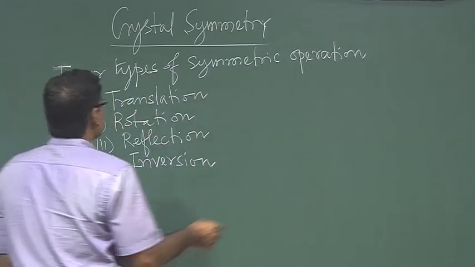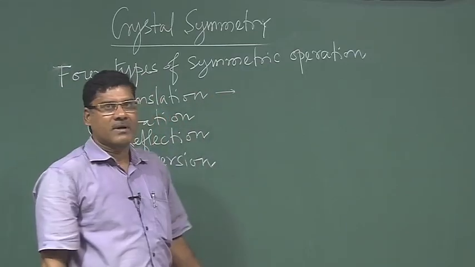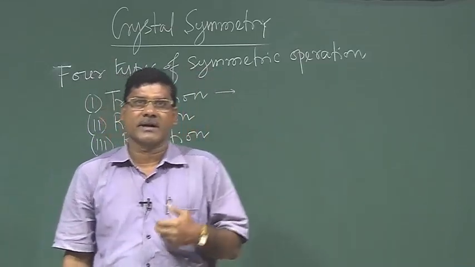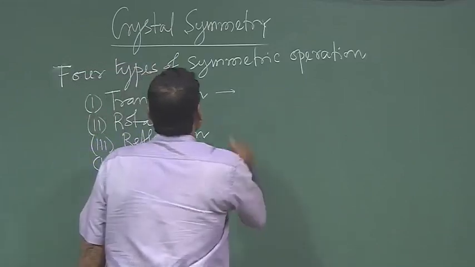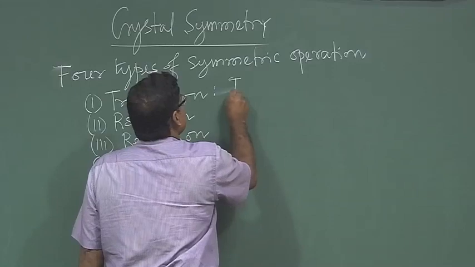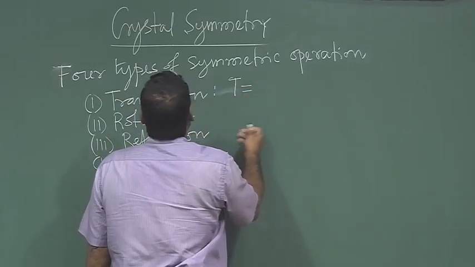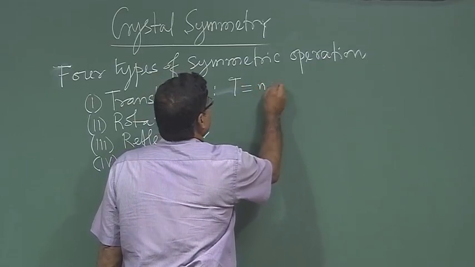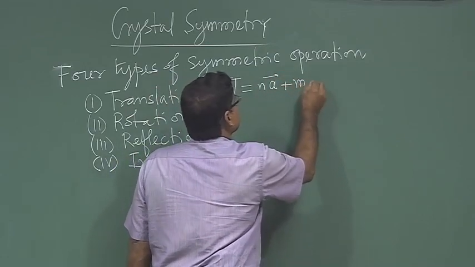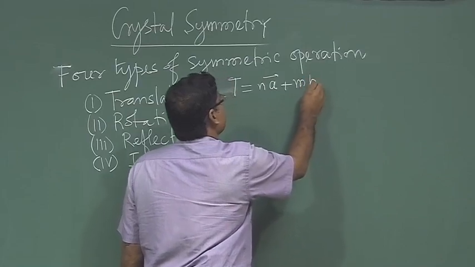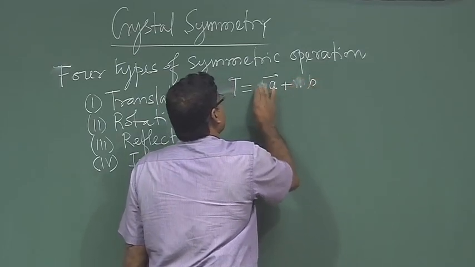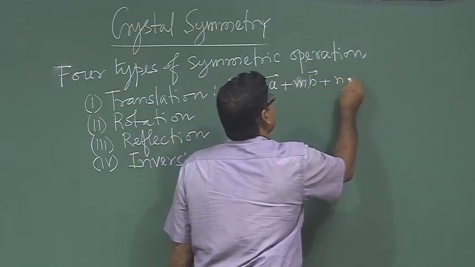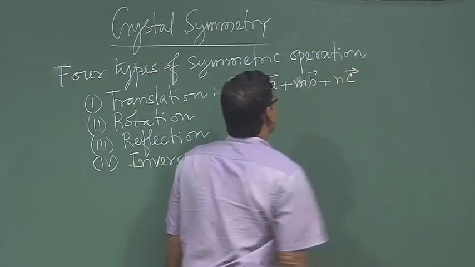So, translation: as we have discussed, the crystal lattice one can generate using the translational vector T equal to n a plus m b plus l c, with L, M, N integers.